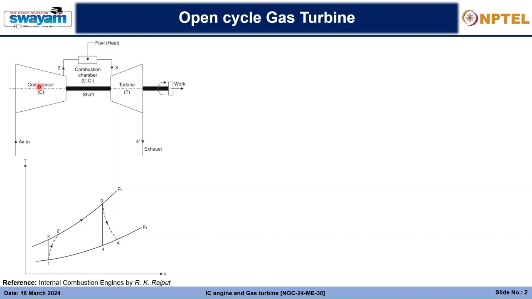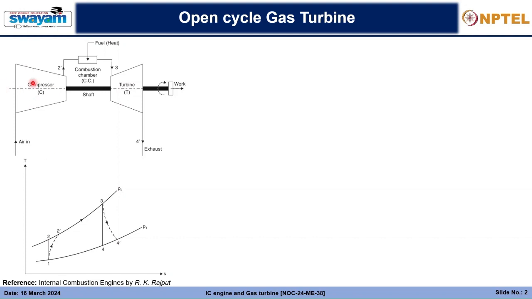If we are able to nicely insulate the whole compressor, and do not let heat escape while it is being compressed from P1 to P2, then the process is isentropic, and the isentropic process will be a straight line at constant entropy from 1 to 2. But generally the processes are not isentropic.